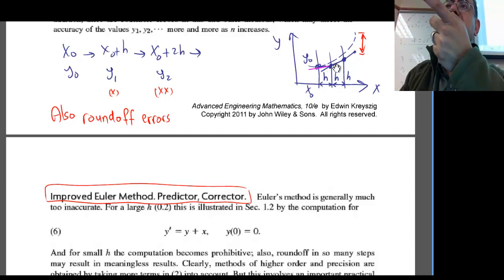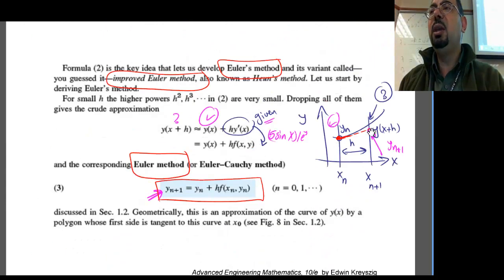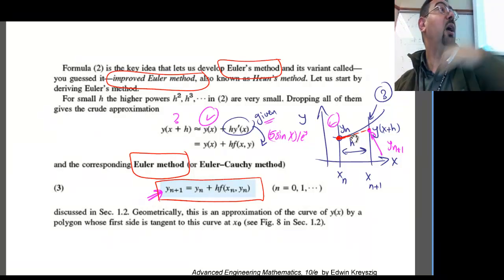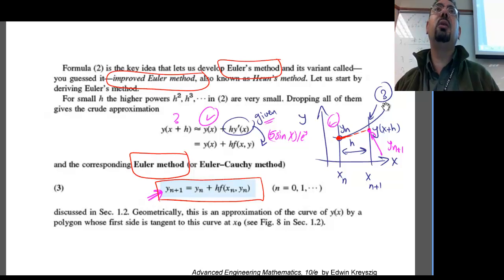I had this error because I depended on the initial slope. Stepping from here to here, the function curves away from me, and I kept assuming it's still moving with the initial slope. That's not true. The function changed. We are not integrating a linear relation.